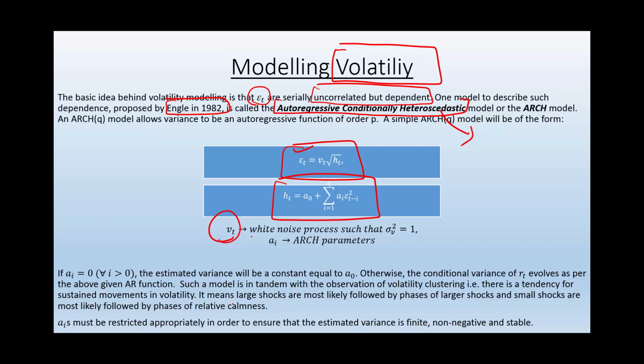Now there are a few things that we need to remember here. See, the idea behind volatility modeling is that we want to know the volatility of the error term. So that's the idea here, the volatility of the error term. What happens in time series is that sometimes you will have higher volatility.